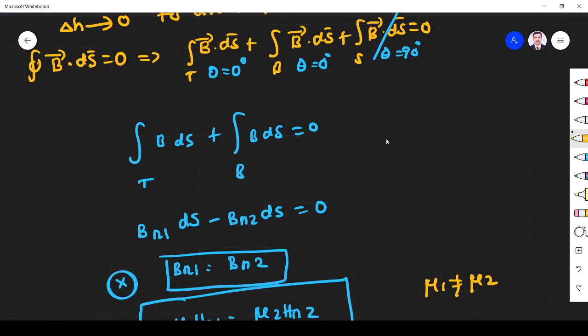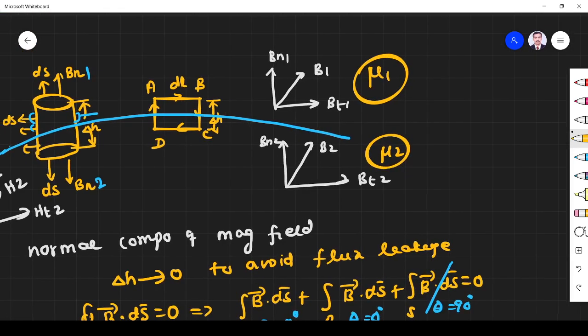Here you may have some doubt about Bn1 minus Bn2. So again I wish to emphasize that here this is ds. The unit vector is in this direction, n cap. So ds vector is equal to ds into n cap, right? Here the unit vector, the outward normal, is in the opposite direction.